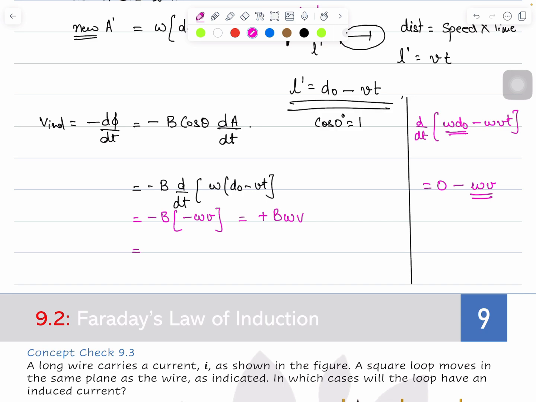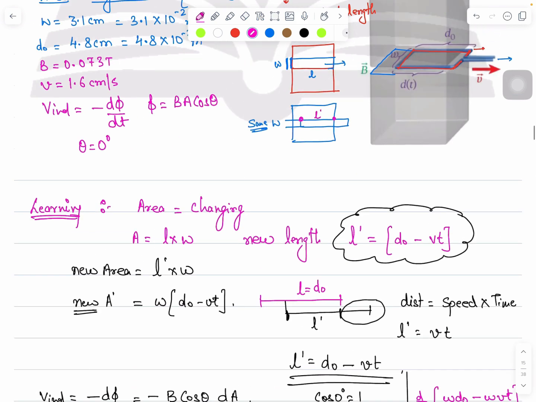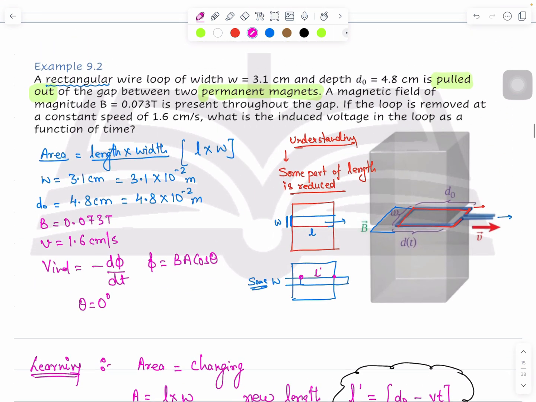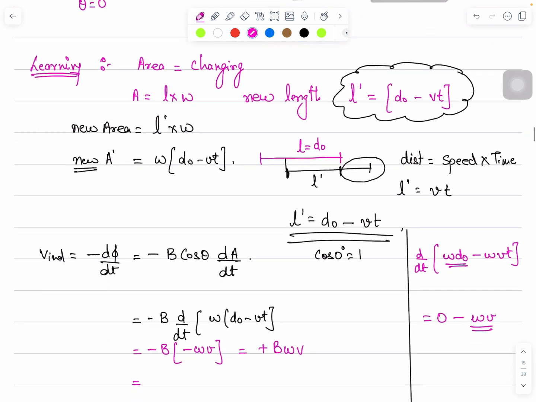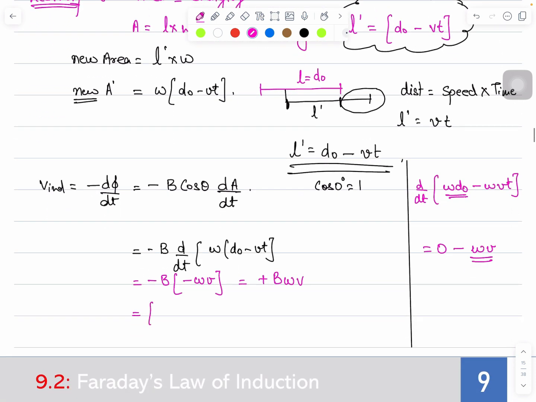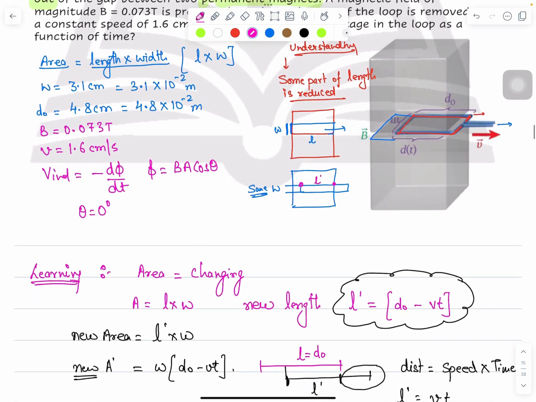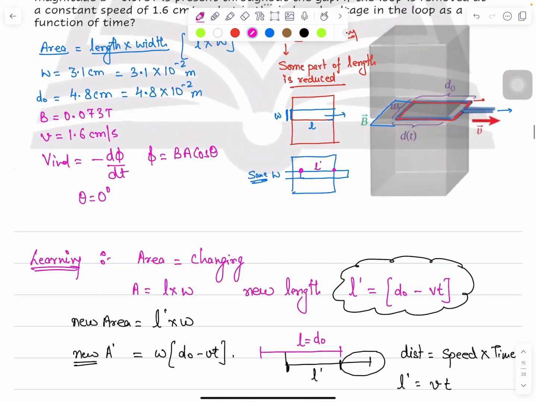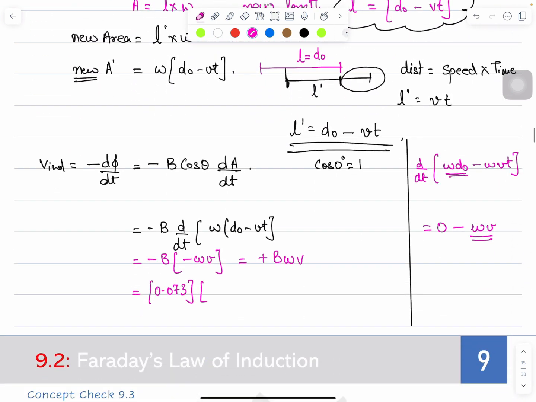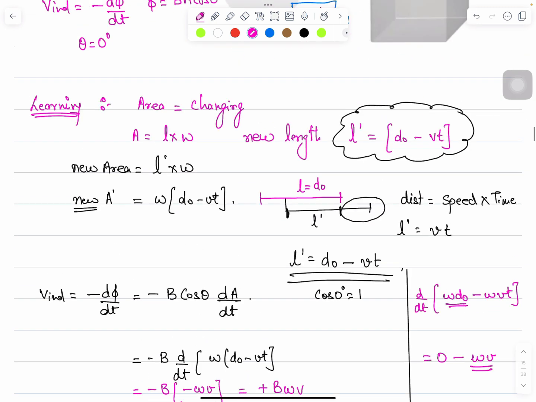Now place the values. What is the value of B? 0.073. What is width? 3.1 centimeter, or you can put 3.1 times 10 raised to power negative 2. And what is the velocity?